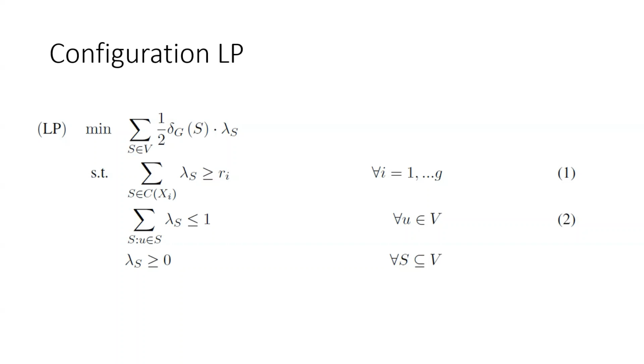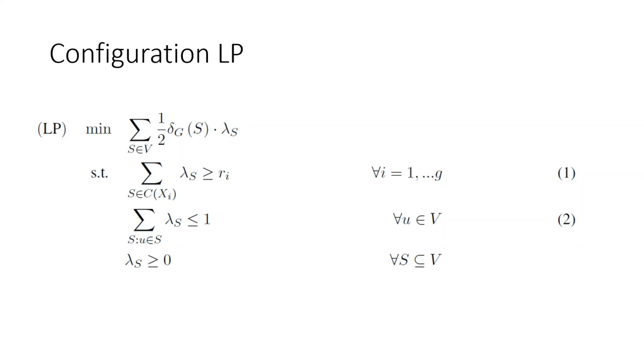So the first constraint is used to ensure the first goal, where each cut is useful. That is to say, it actually separates a connected component from the rest of the graph. So the sum of the lambdas of those useful cuts is at least the requirement.